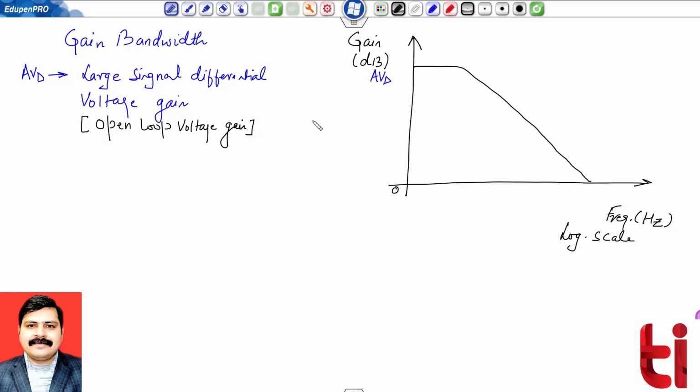So this is a specification given in the literature of the IC or user manual.